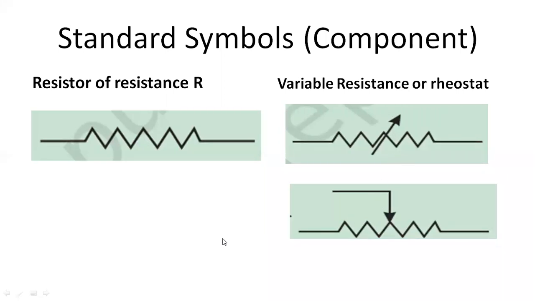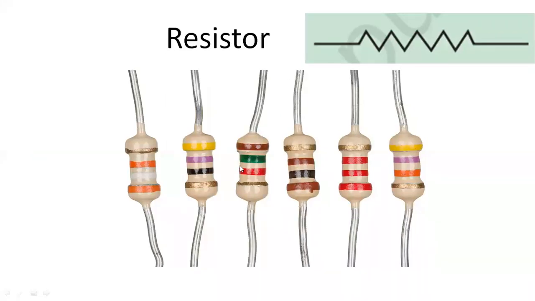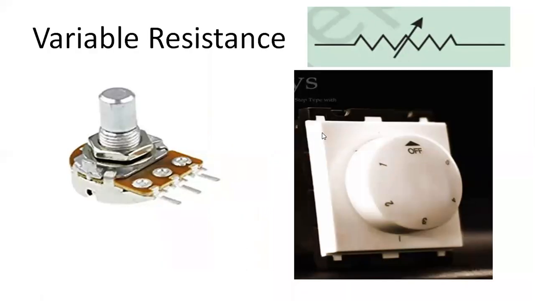We will see them one by one. The component you saw, the resistor, its symbol is these zigzag lines, because the resistance of this device cannot change. Now this is your regular fan knob, and this is the potentiometer you already saw.